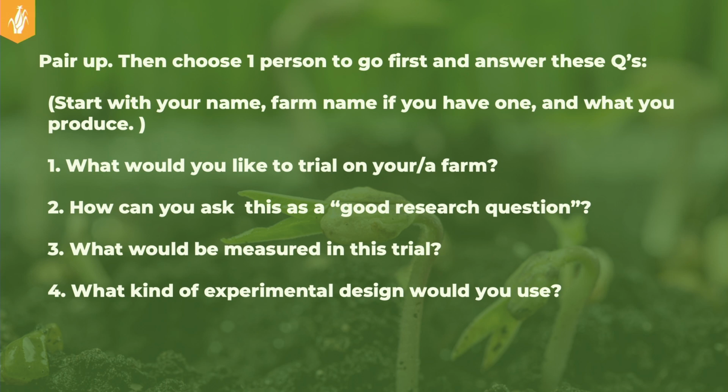And you can start with your name and then go through these first 4 or however far you can get. And just kind of take that idea of something that you might want to measure and chat with it with somebody else in the room. Sound good? I'll give everybody like a minute to shuffle around and find a partner, and then I'll say the first 6 minutes is going to start.